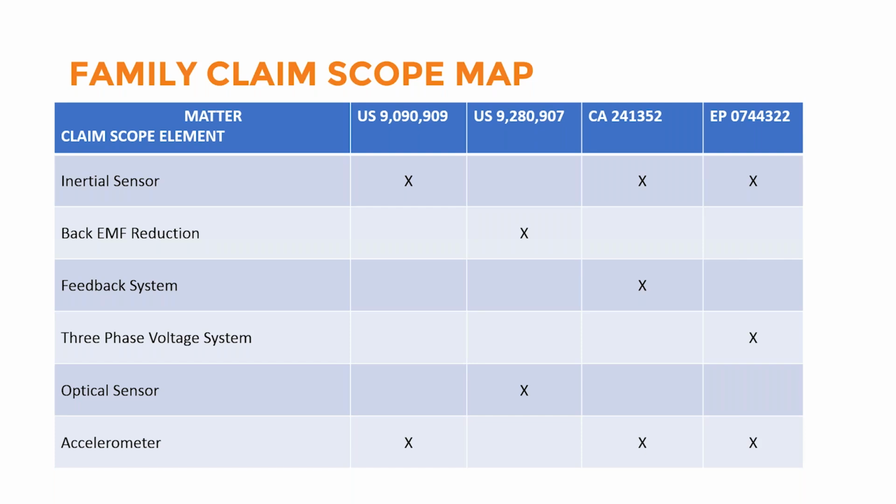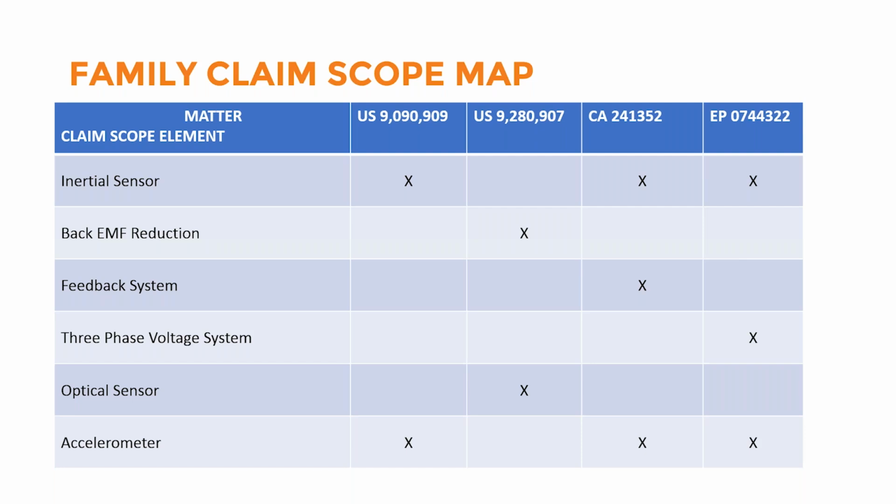And again, from a high-level view, essentially you can put your patents, your matters across the top axis. So I've got two U.S. matters, a Canadian, and an EP matter. And then the vertical axis is going to carry what I'm calling claim scope elements.